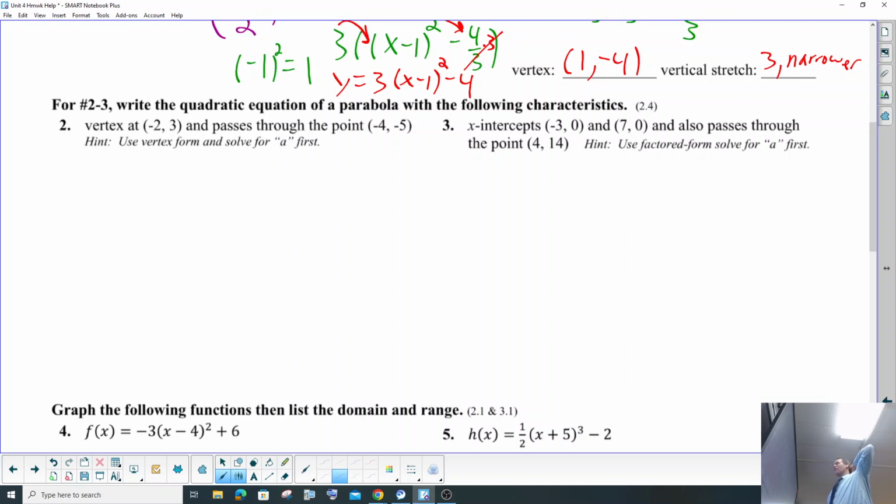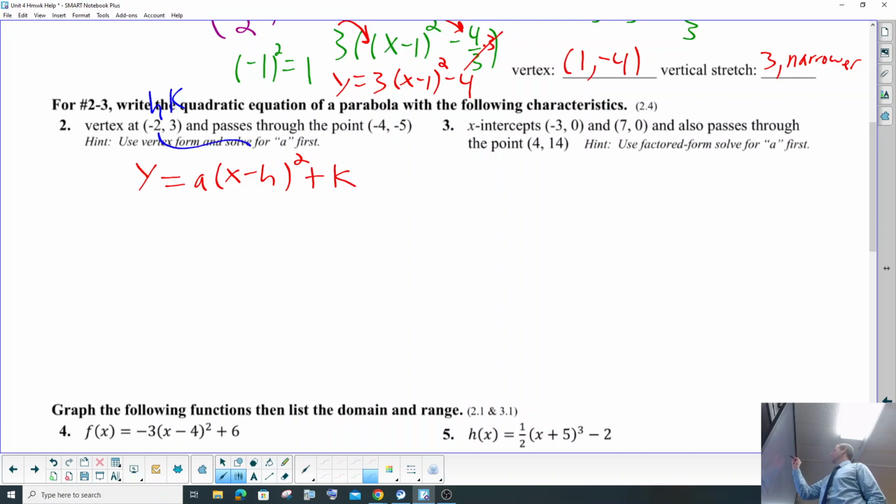So vertex in negative 2 and 3 passes through the point negative 4, negative 5. So we're going to use y equals a, x minus h all squared, plus our k value. Remember, pause me, try it on your own first. So you're going to go ahead and plug in what you can. The vertex is our h and our k value.